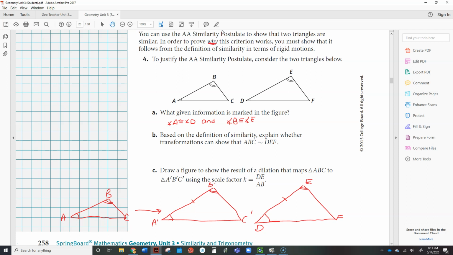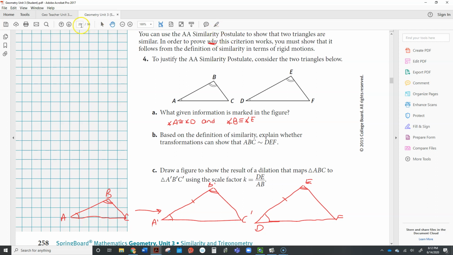Based on what information is marked, we've got two pairs of congruent angles. And that should be enough to prove that the sides are going to be proportional. So it says, based on the definition of similarity, explain whether transformations can show that ABC is similar to DEF.